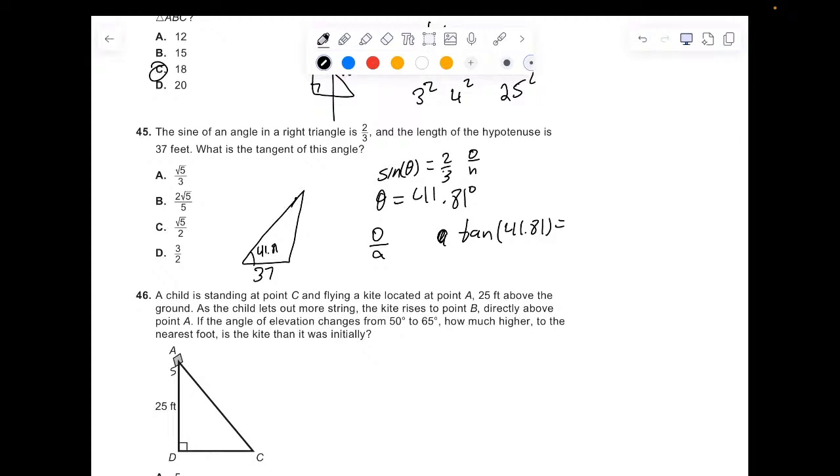What does that come out to? 41.81 tangent times 37.